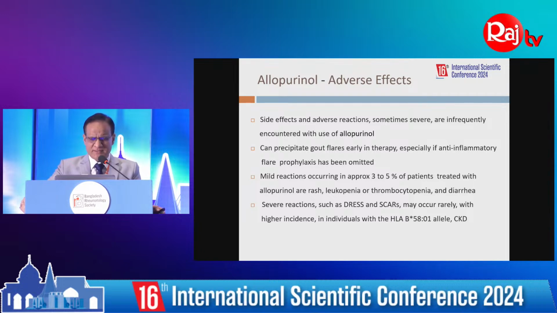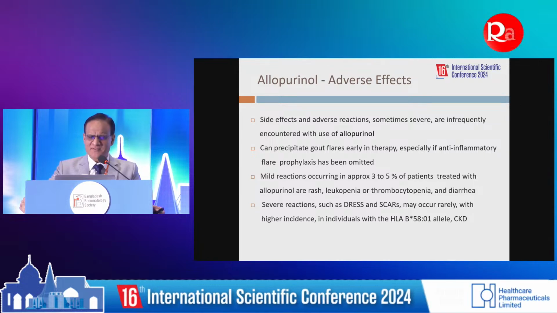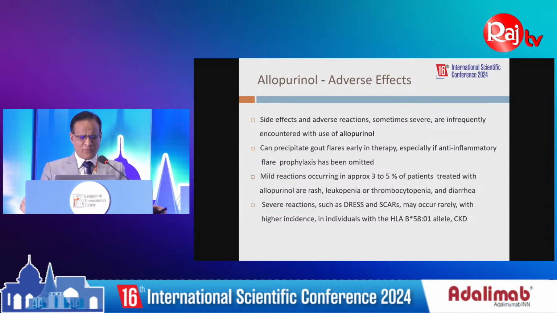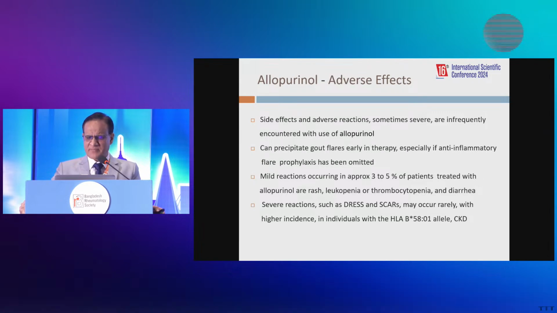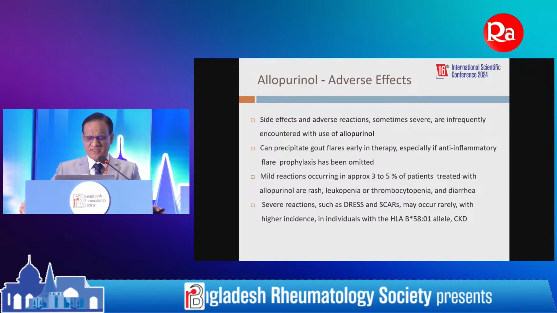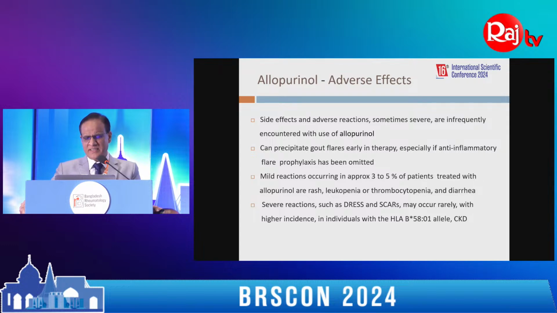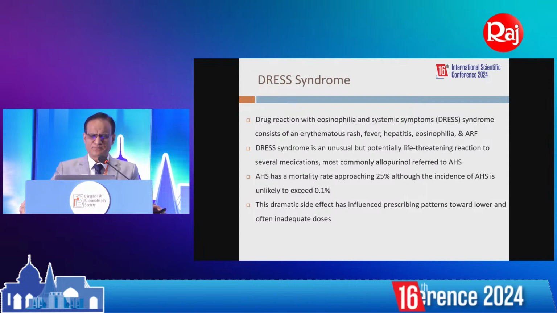Allopurinol adverse effects, everybody is afraid of these side effects. Most commonly, side effects are not common. The serious side effects are DRESS syndrome and severe cutaneous adverse reactions, which may occur with higher incidence, especially in patients with HLA-B 5801 and CKD patients.